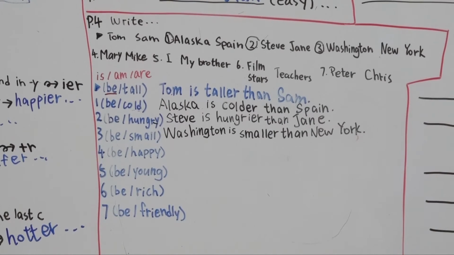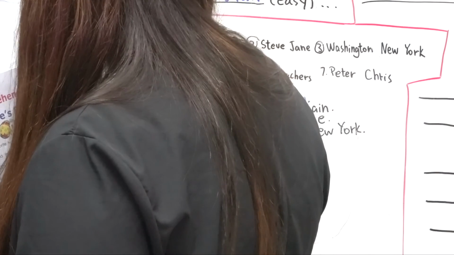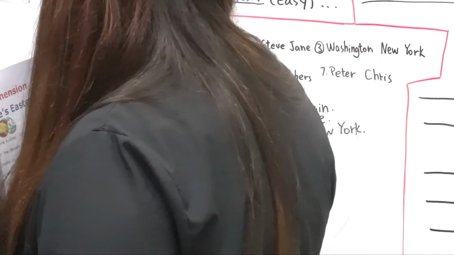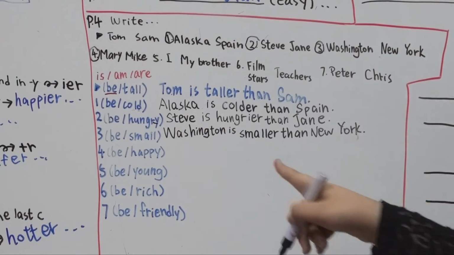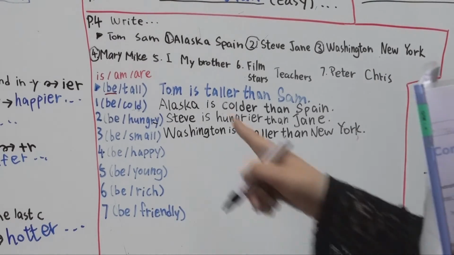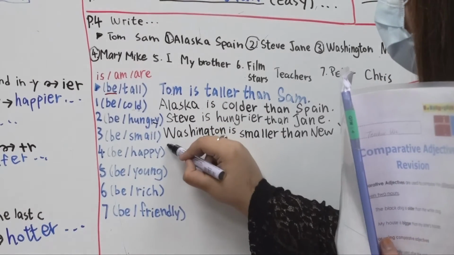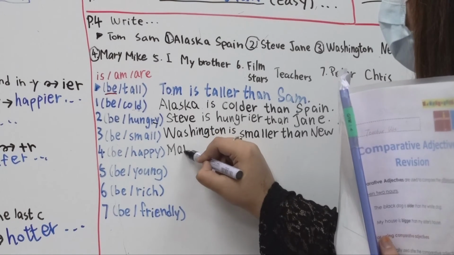Next one is number 4, right? I'm gonna do one more and then the rest of it you try to do it by yourself, alright? The last 3 you do it by yourself. Let's do this one. So, Mary. For Mary, do we use is, am, or are?